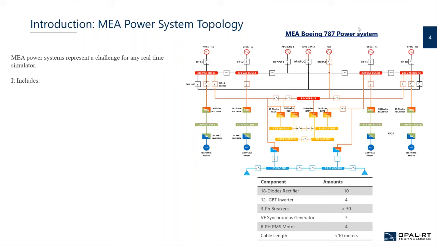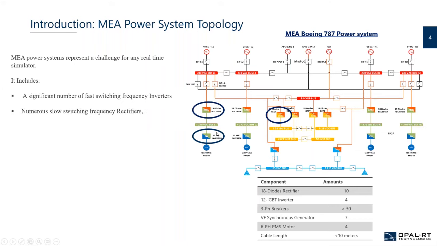Thank you, Mathieu, and welcome to everybody. The more electrical aircraft power systems represent a real challenge for any real-time simulator. If we look at the topology in this slide, it consists of a power distribution network with very short power cables and a significant number of fast switching frequency inverters, such as the 12 IGBT inverters that we can find at the load side.